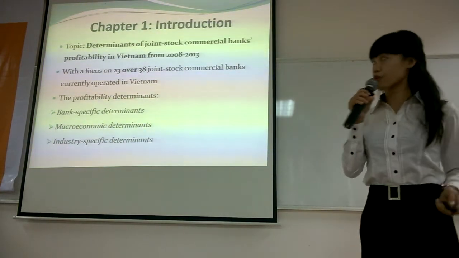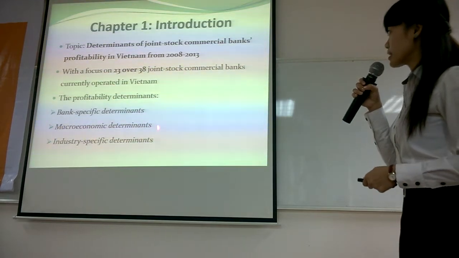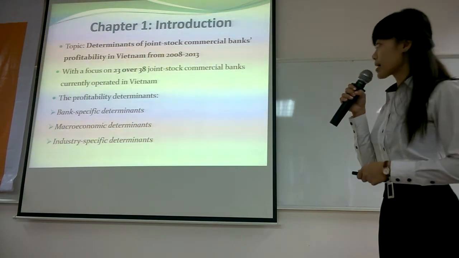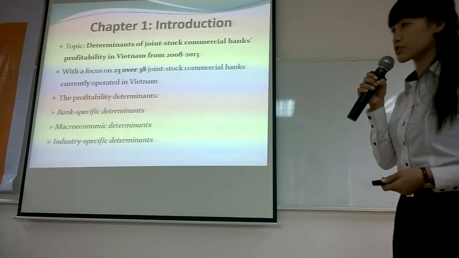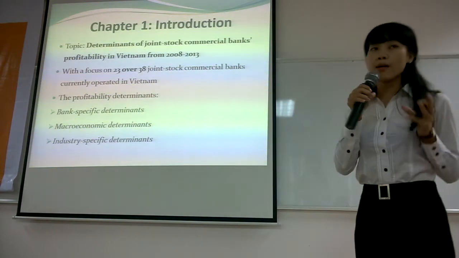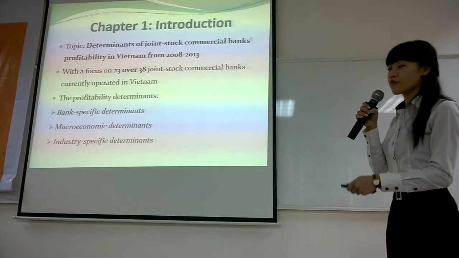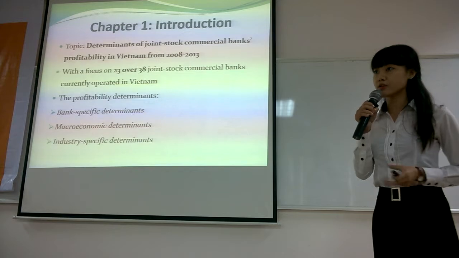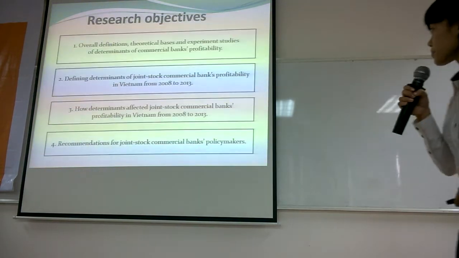As Mika said before, we have 3 kinds of determinants in our group thesis: bank-specific determinants, macroeconomic factors, and industry-specific factors. So our objective is to evaluate the impact of these factors on the profitability of joint stock commercial banks in Vietnam over the last 5 years.